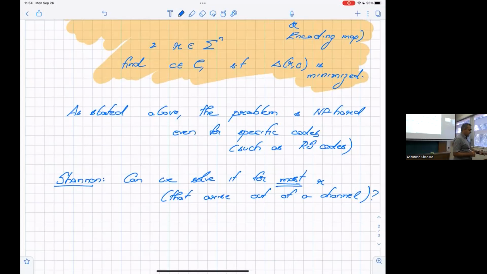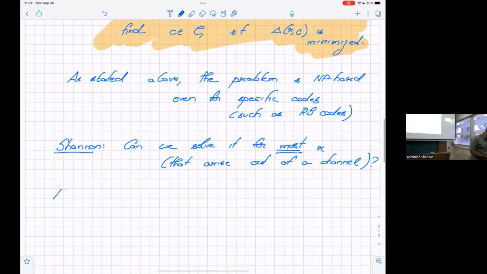You could also ask Hamming's question, in which case you don't solve the general problem. You say, I give you a guarantee that the received word is within T of a codeword. In that case, you solve the problem. And this might not be doable for every T, but there are certain T's for which it is doable.